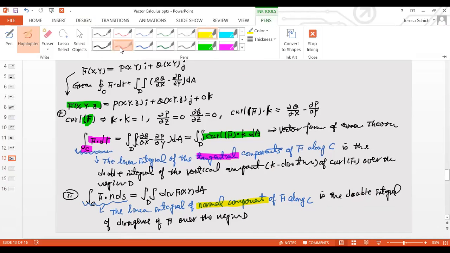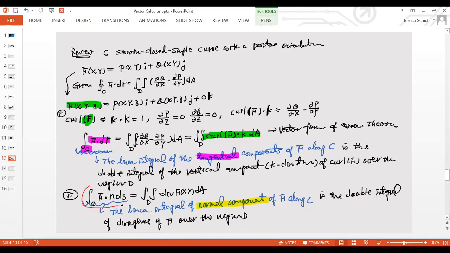These things we have not learned; we're going to learn them in the section after next. This is what we call the flux. This is the definition of the flux, and we are going to learn that in the next sections.